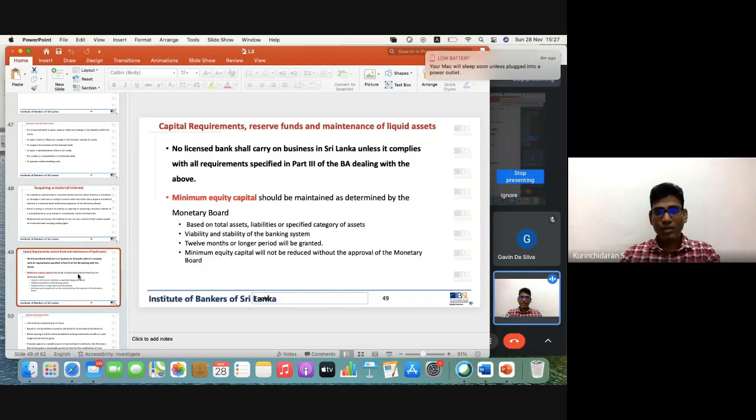And this act can also talk about capital requirement, reserve funds, and maintenance of liquid assets. The bank should always comply with these capital requirements, statutory reserve requirement, and maintenance of liquid assets. Otherwise, they have to get a special approval from the central bank for non-compliance.